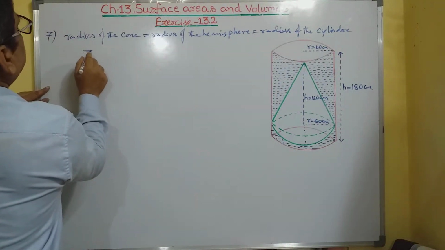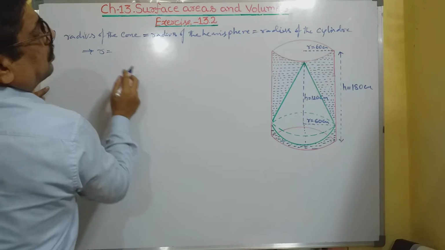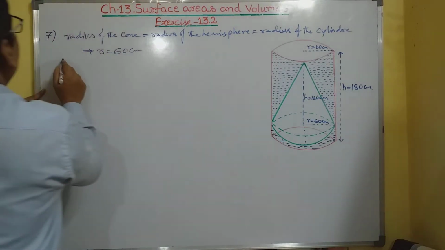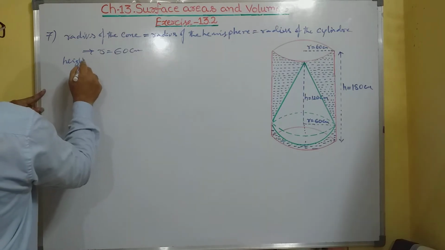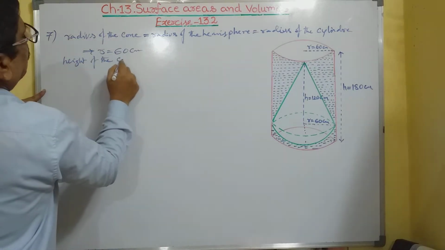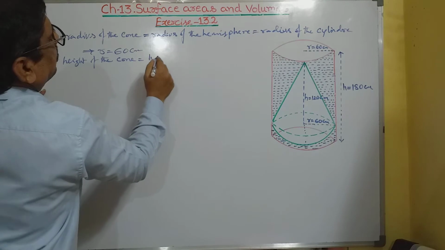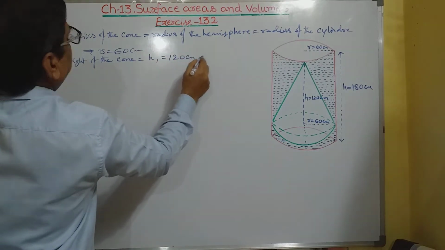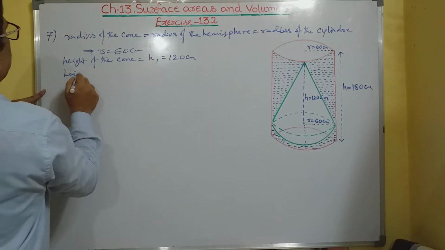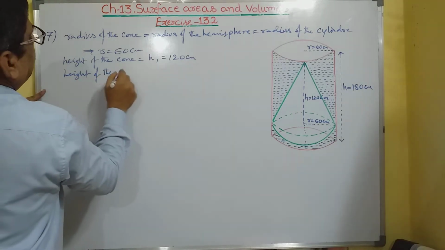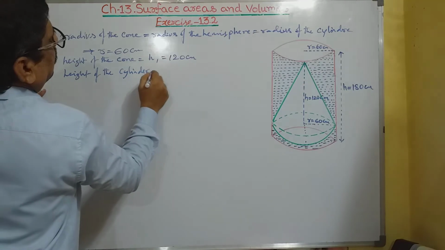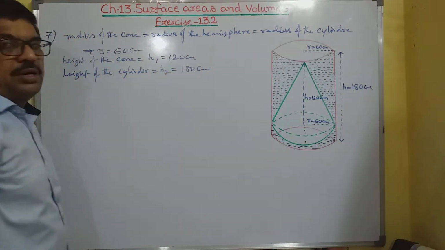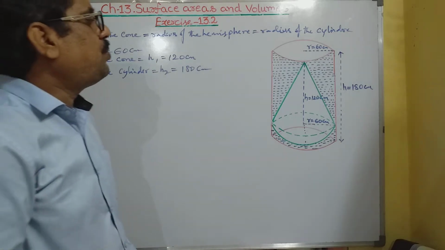That is, r is equal to 60 centimeters. Height of the cone, let us take it as h1. h1 is equal to 120 centimeters. Height of the cylinder, let us take it as h2. That is 180 centimeters.